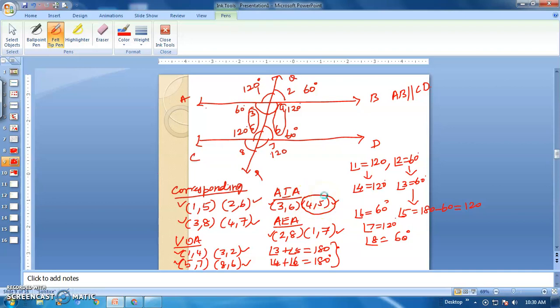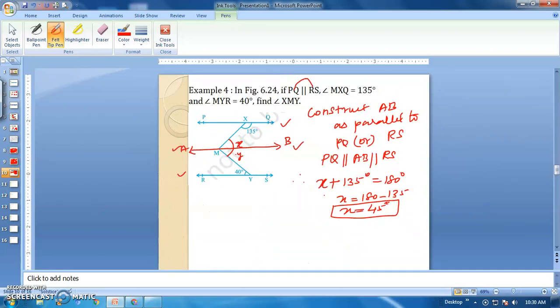In the similar way, here this y and 40 are equal, so therefore y equal to 40 because of alternate interior angles.